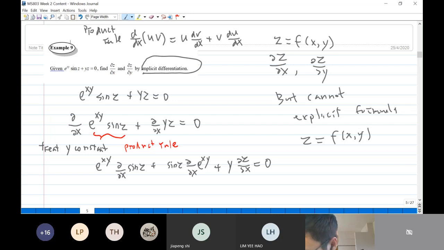After you differentiate the first time using the product rule, for the second term you pull out a y because y is constant. What is the differentiation of sin z? We all know the derivative of sin z is cos z, but you don't stop here, you must differentiate z again, with respect to x. This is called the chain rule, and we apply it here.